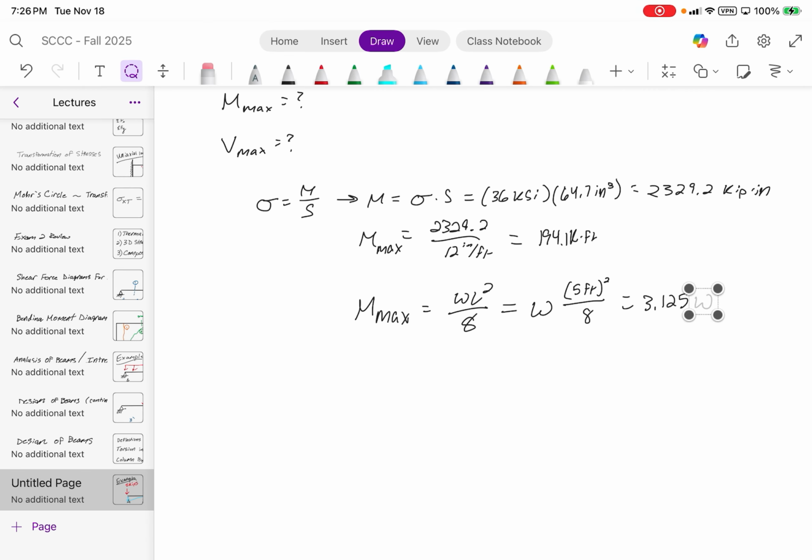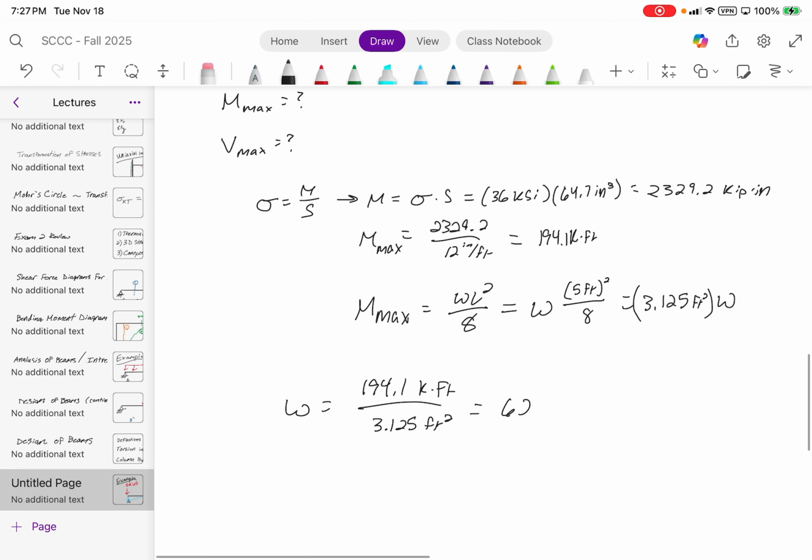Or you could just say 3.125 feet squared W. You set the two equal to each other, and what you should get is 194.1 kip-feet divided by 3.125 feet squared, which gives us a distributed load equal to what? 62.1 kips per foot. Is that what everyone gets?